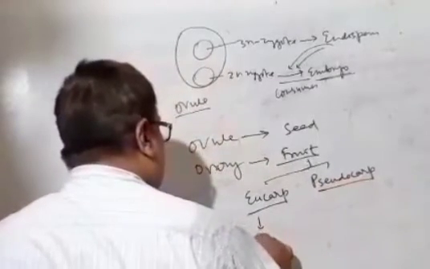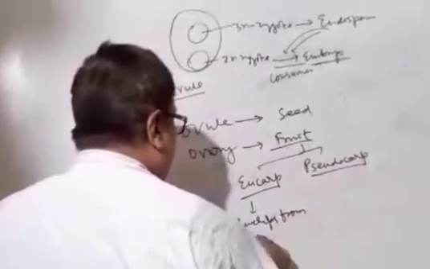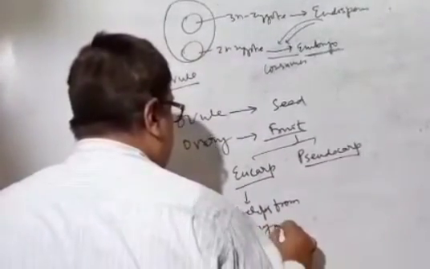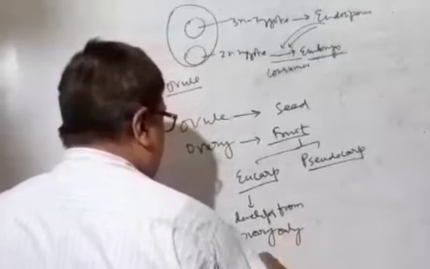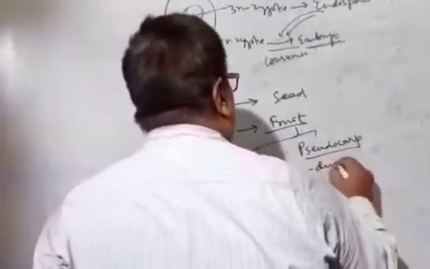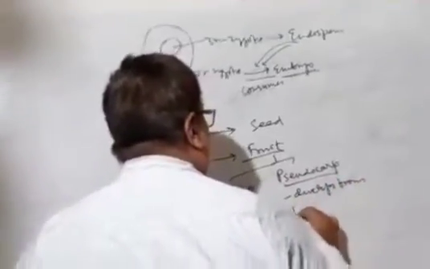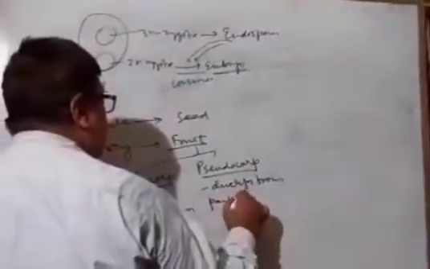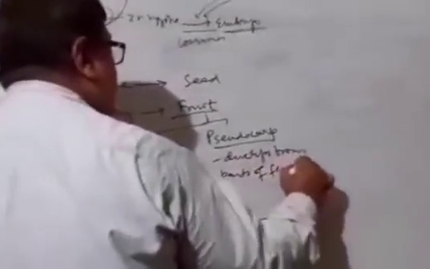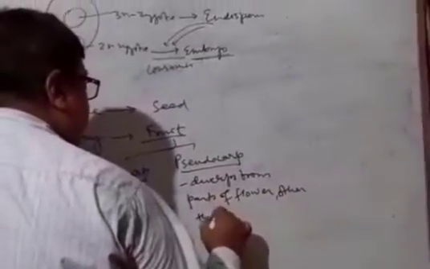A true fruit develops from the ovary only. Example, mango. And pseudocarp develops from parts of the flower other than the ovary.